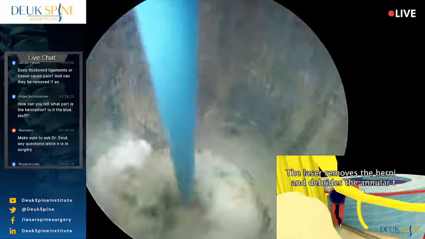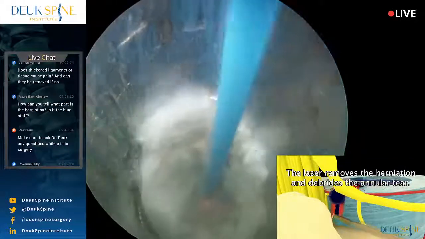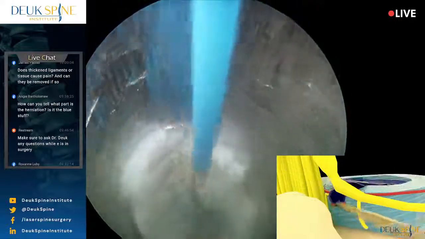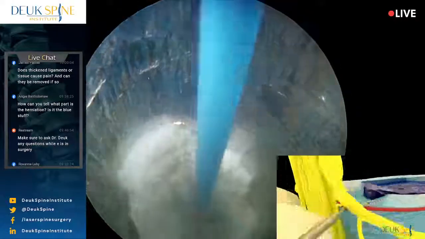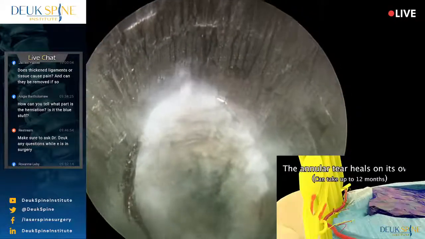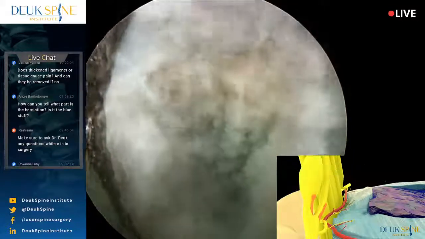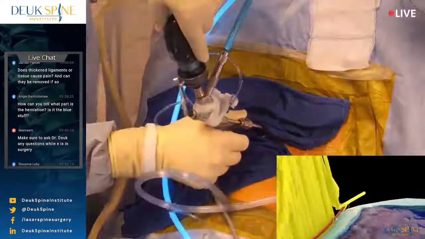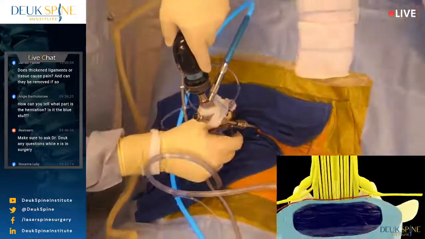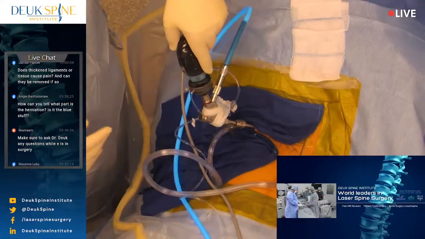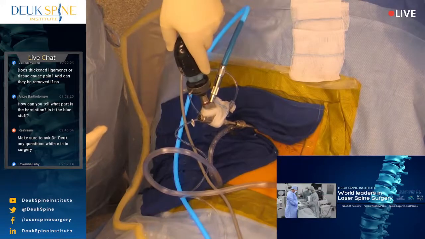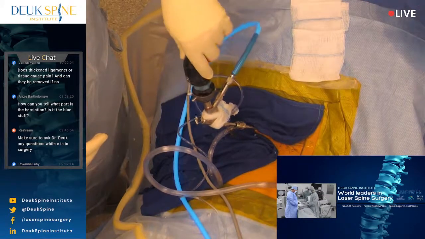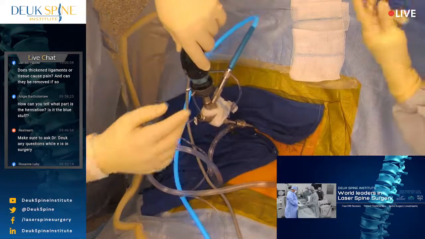The laser removes the herniation and debrides the annular tear. The annular tear heals on its own. If you have a herniated or bulging disc and back pain, submit your MRI for a free review.